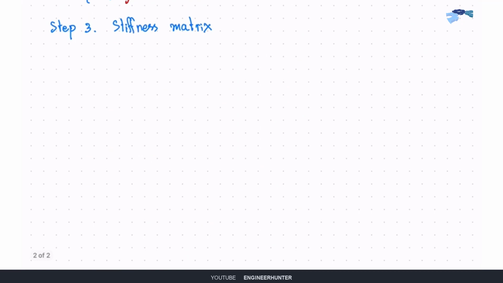In order to determine the stiffness matrix, you need to know the local stiffness for each element.